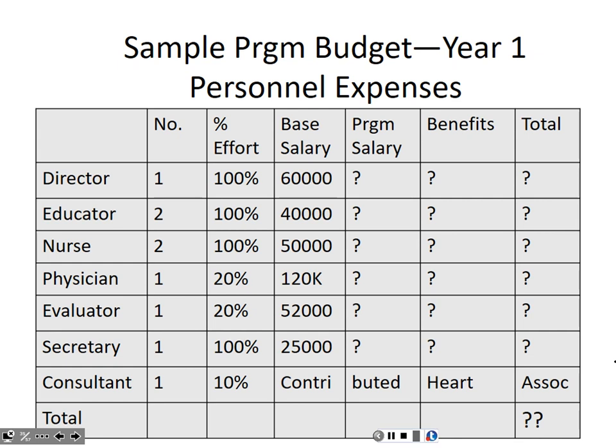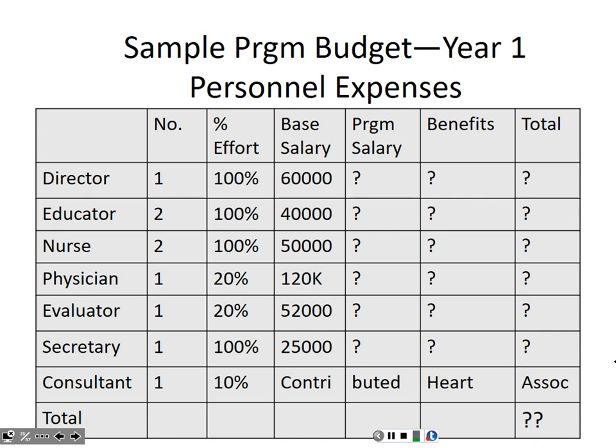If your organization offers health insurance, life insurance, disability insurance, sick leave, vacation leave and educational benefit, then this is going to be on the higher end, more like 35 to 40% of program salary. But if they only offer fewer benefits, this is going to be more like 25% of program salary.